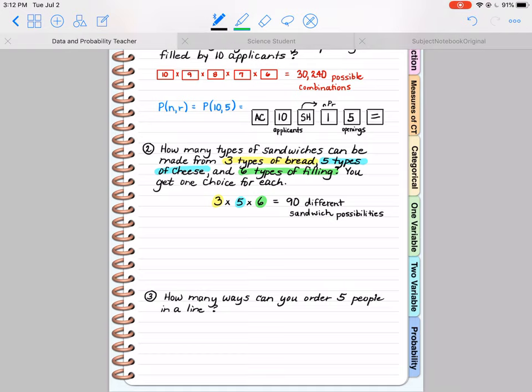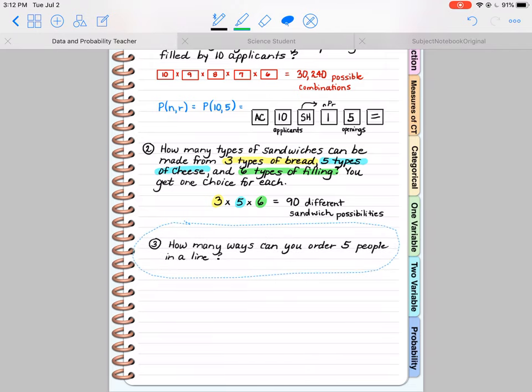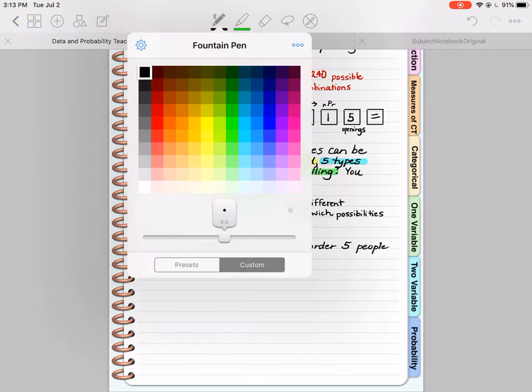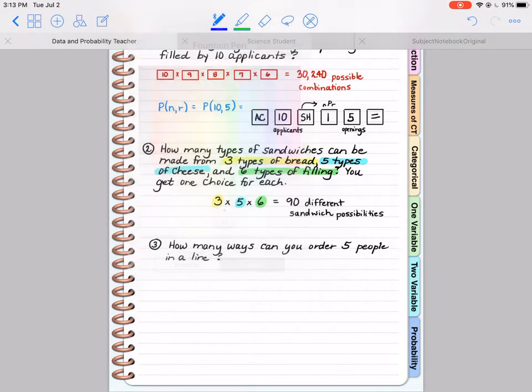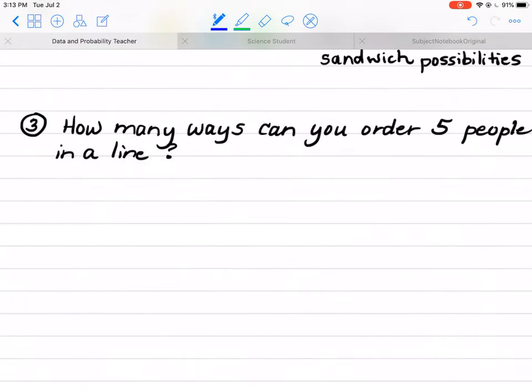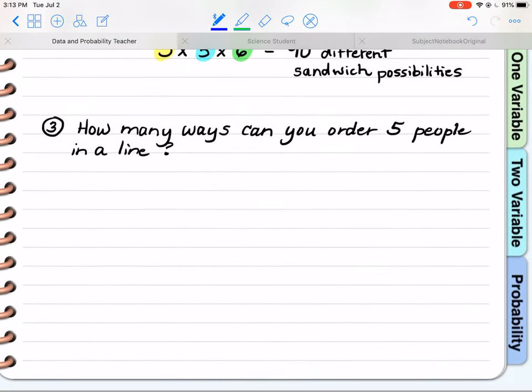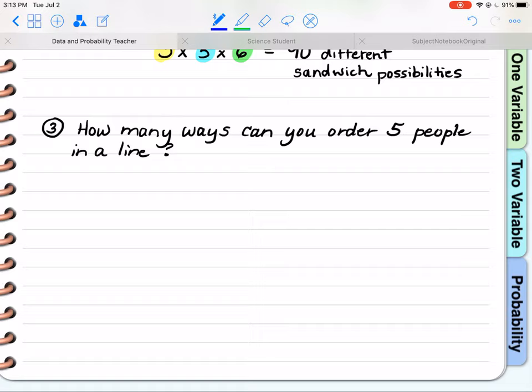Okay, this last one is another permutation. How many ways can you order 5 people in a line? So let's draw the line. Again, I like to draw pictures just for my own sake. This time I'm going to use circles, doesn't matter.